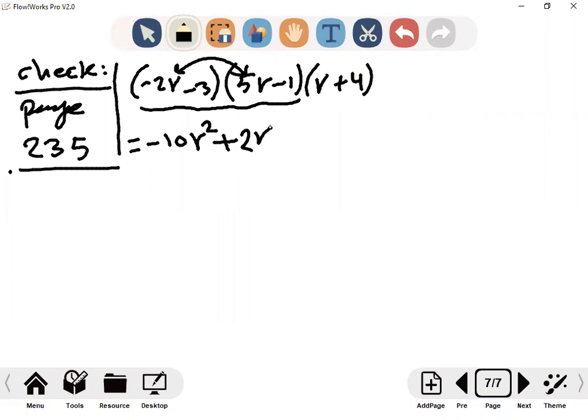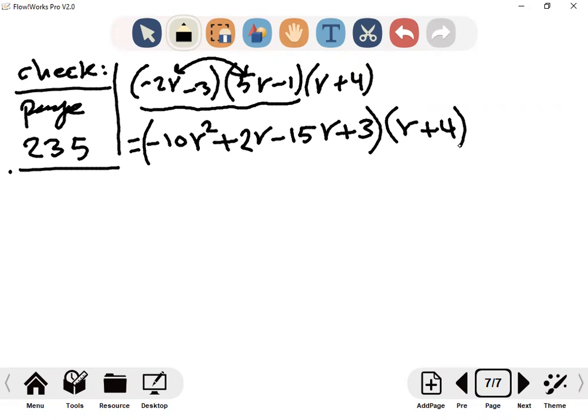Now negative 3 multiply 5r, negative 15r. There is no other r, just one r. Now negative 3 multiply negative 1, normal numbers. I'm done with the first two parentheses.